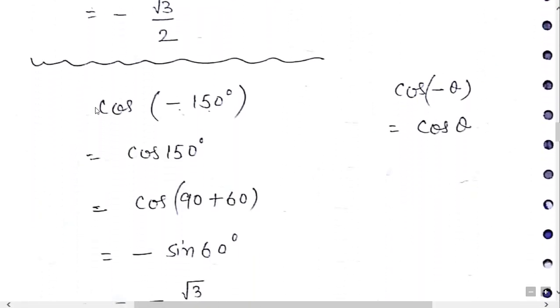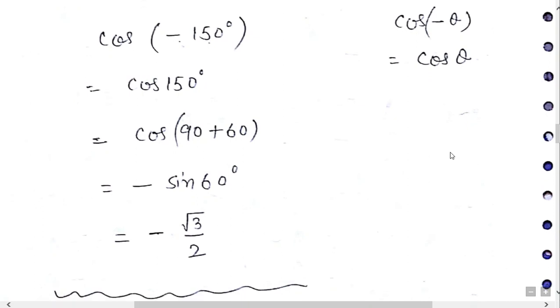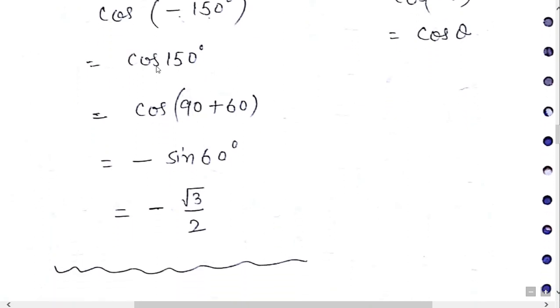But if this angle is cos of minus 150, then this value is positive, because in fourth quadrant the value is positive. After that the procedure is the same, 90 plus 60 is minus sine 60, because in second quadrant cos is negative, but cos is converted into sine because of 90 degree.